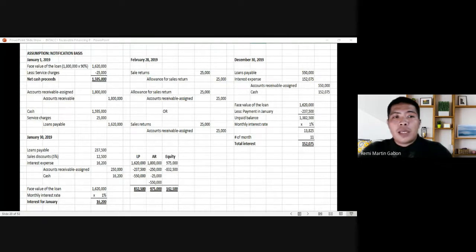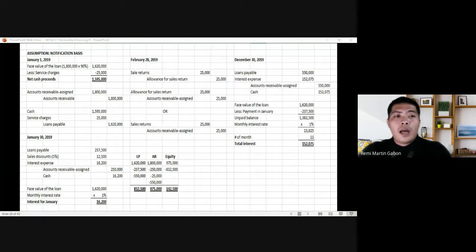Debit sales discount of 12,500. That means we are the one to record the sales discount, not the bank, because the bank is only responsible for the collection, but not the sales discount. We have the records for the sales discount. Then we debit interest expense, still the same, 16,200.